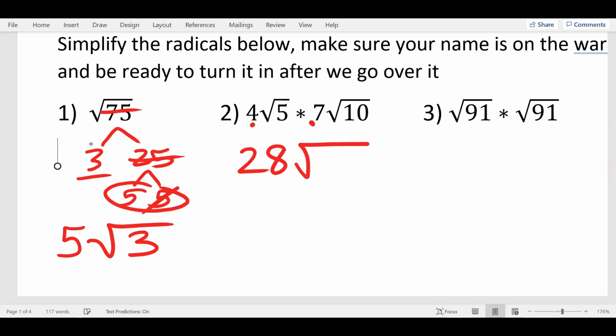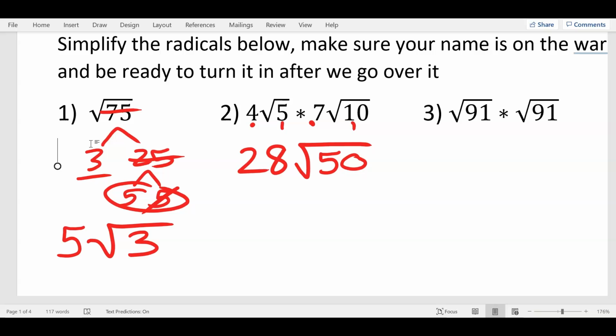And then square root sign, and then my insides, 5 times 10, 50, okay? Now, if you left it like that, you're on your way, but that's not it. Remember, you want to think, can this break down? Anytime you see a square root, see if you can break it down.